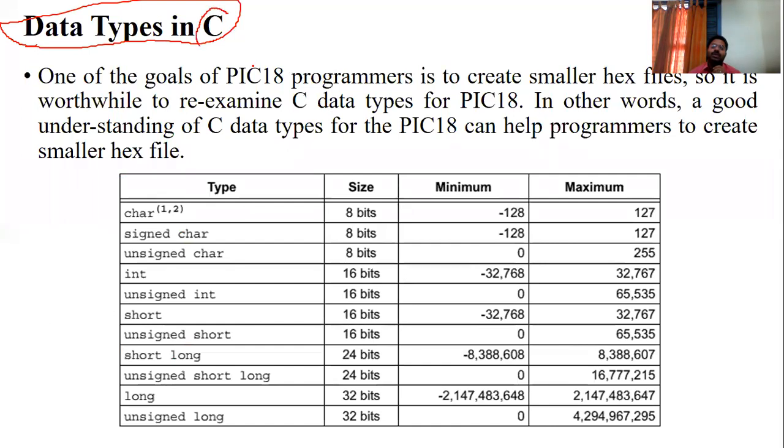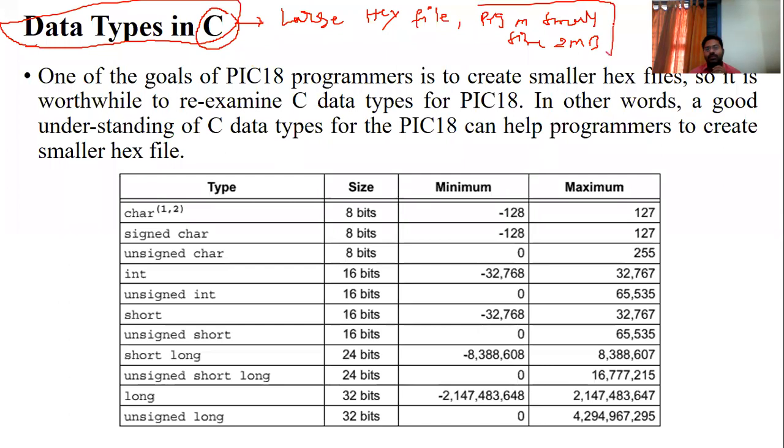C programming can produce large HEX files, but the program memory is small, only 2 MB. We have to keep these two points in mind when writing programs in C.